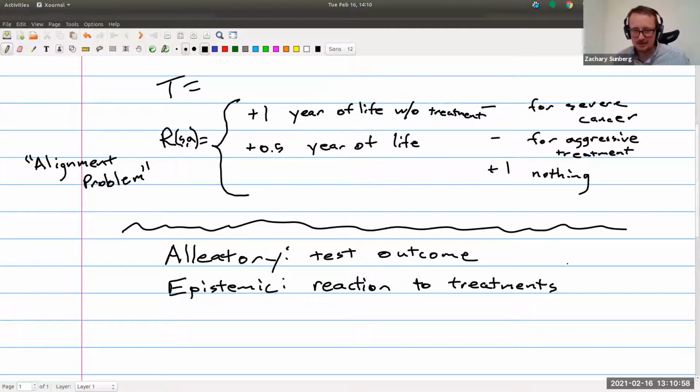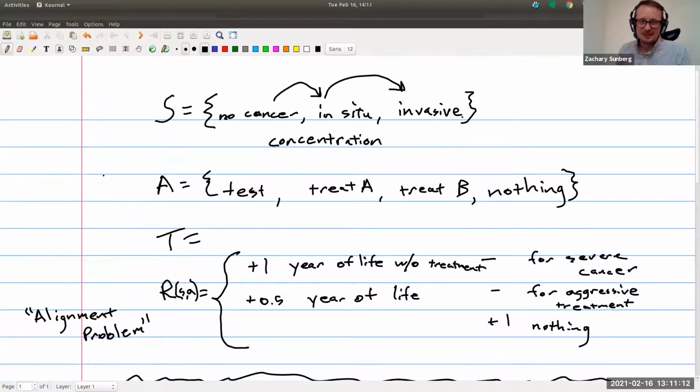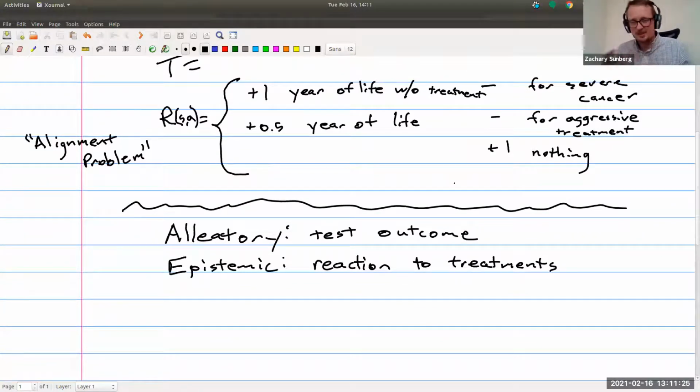After you've treated them once, you can get an idea of what their side effects are like, and then instead of your reward being a function of just the treatment, you could have another state, which is their side effect reactions, and you could put a negative reward for worse side effects. Then you have to try out different treatments and see what their side effects are. Since that's epistemic uncertainty, gradually you get better at it. So I like that a lot.